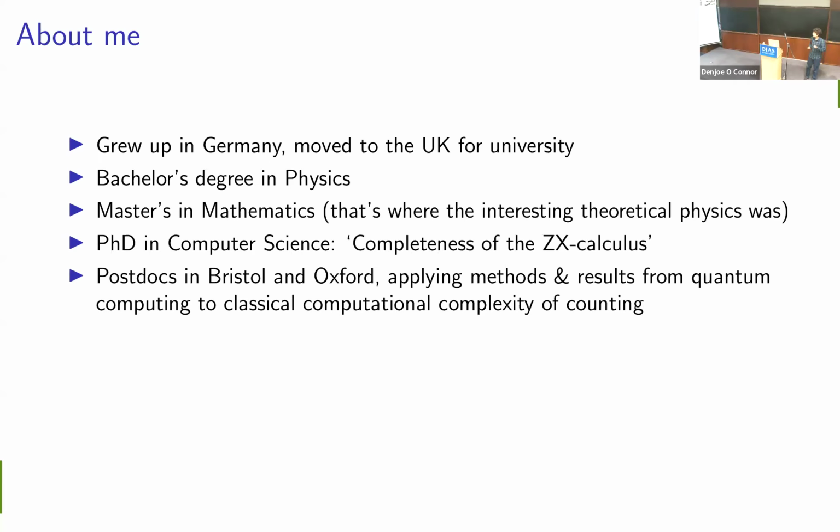As I mentioned, I've done postdocs in Bristol and Oxford, and during my postdocs I changed direction slightly. Previously I'd worked entirely within quantum computing, but during my postdocs I applied methods and results from quantum computing to classical computational complexity. This is my answer whenever people ask what we're going to do if we never end up building an actual physical quantum computer.